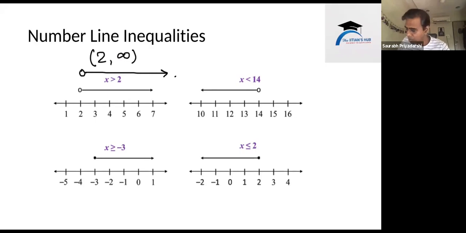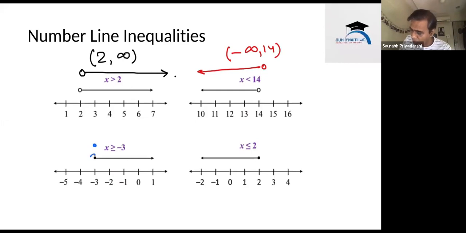Similarly, in the second case, it is coming from minus infinity and goes up to 14. So this is minus infinity to 14. In the third case, you have to take the equality sign also. The equality sign is denoted by the dotted point, and it has to go to infinity.